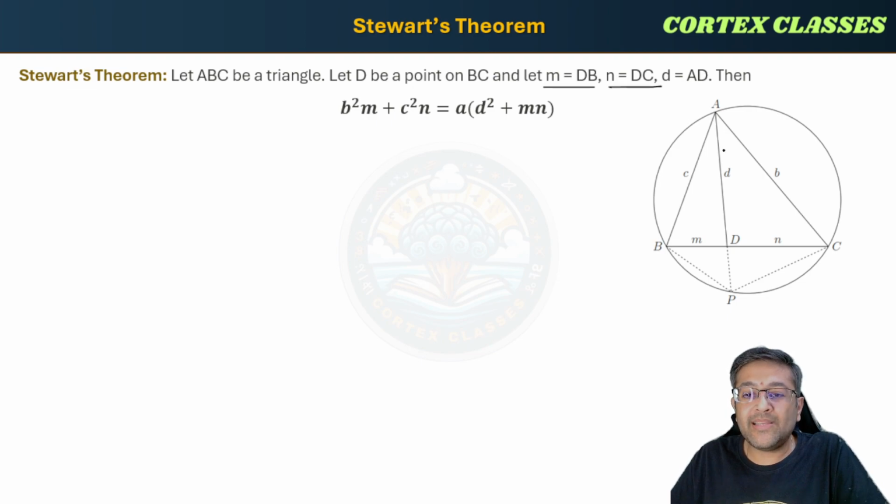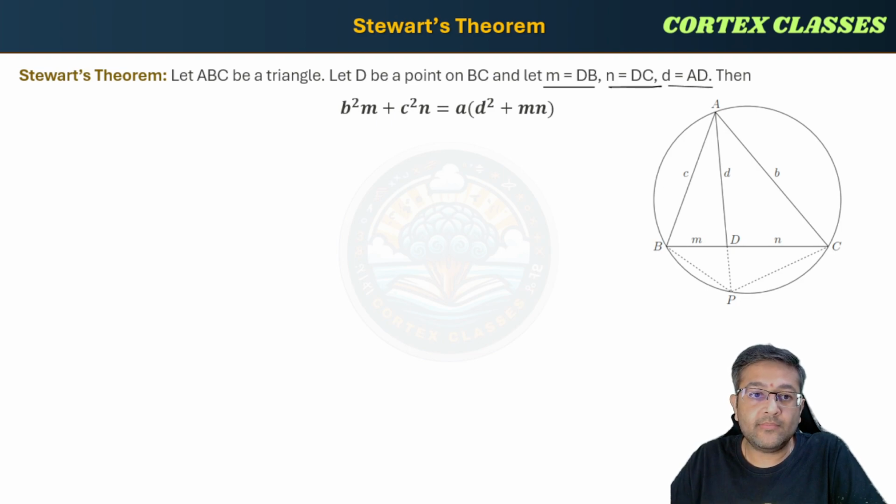So basically जो BC साइड है उसके ऊपर एक पॉइंट जो D है, you know in what ratio, और आपको ABC के sides भी पता हैं, right? And now d is the length of AD. So we can find the length of d, or you can say we can create a relation among a, b, c, m, n and d. Okay, and this is the relation, right?